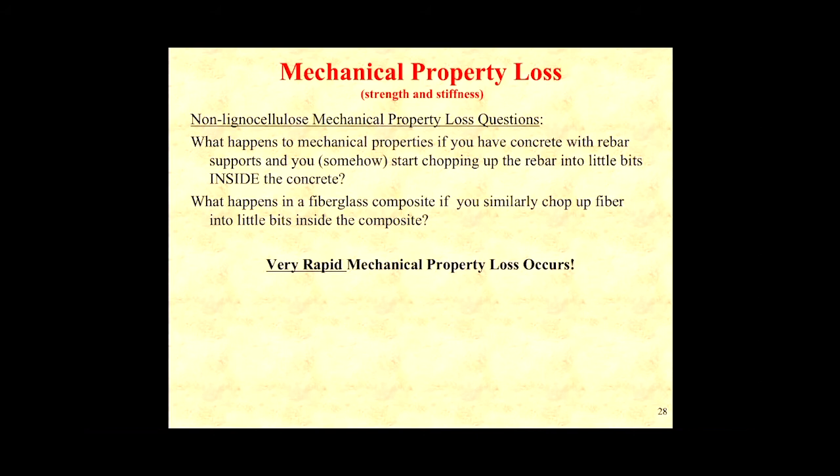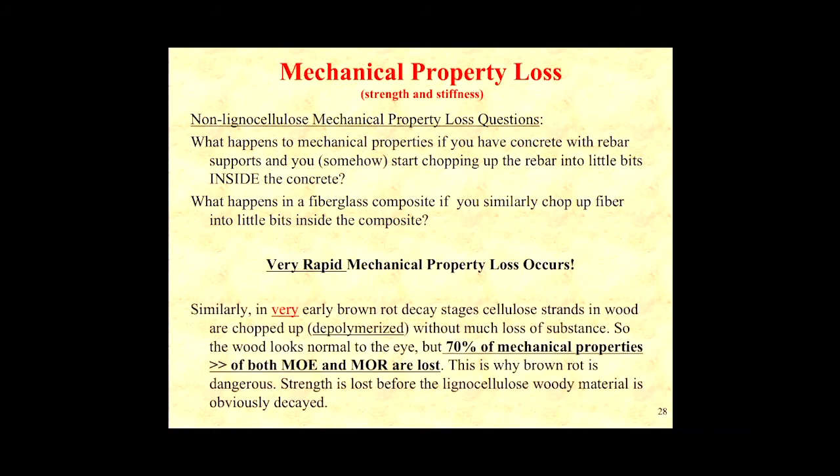You all know that because you're familiar with steel, concrete, and hopefully fiberglass composites. Similarly, if you think about woody materials, the exact same thing is happening to what I just described, but at the molecular level.